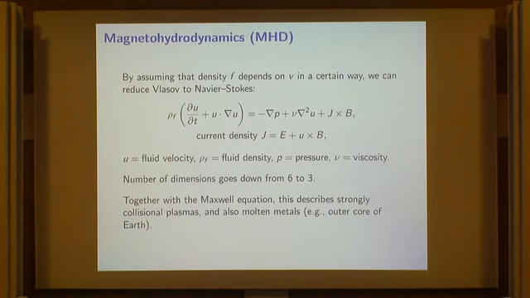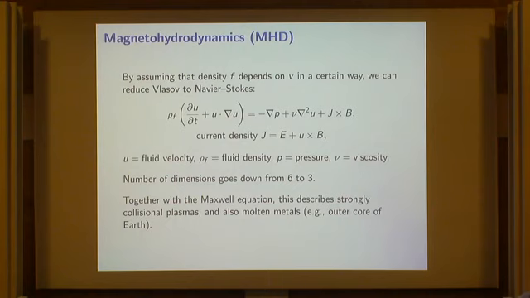So what you do there is you assume more things about how the density function depends on velocity. And if you do that, you more or less mirror what happens in fluid dynamics. So the equations that you get out are also very much like fluid dynamics. So you get a Navier-Stokes equation coupled with the Maxwell equation.